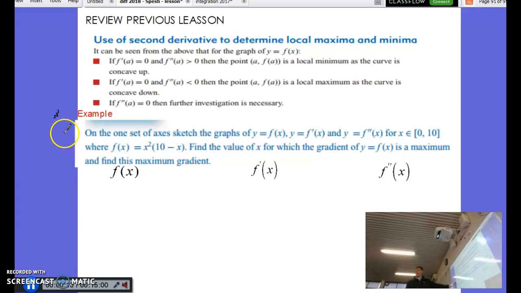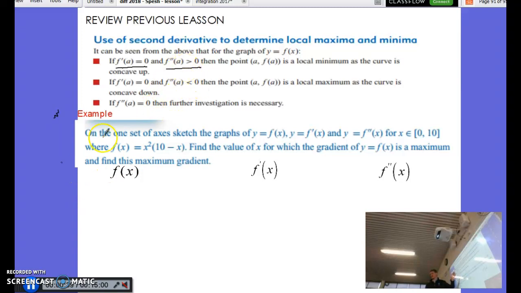Let's think about what the effect of the first and second derivative are doing. The key points we looked at last lesson were, okay, we've got a first derivative at some point equals 0, they're stationary points. But then we evaluate the second derivative at that point, and we're looking for it to be either greater than or less than.